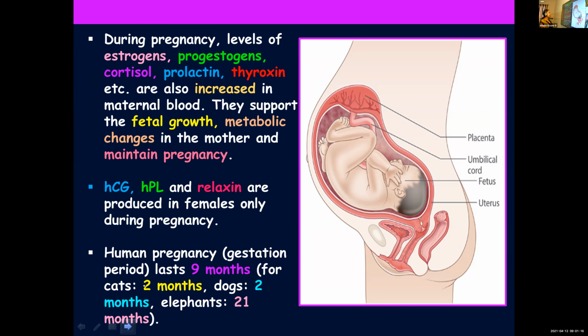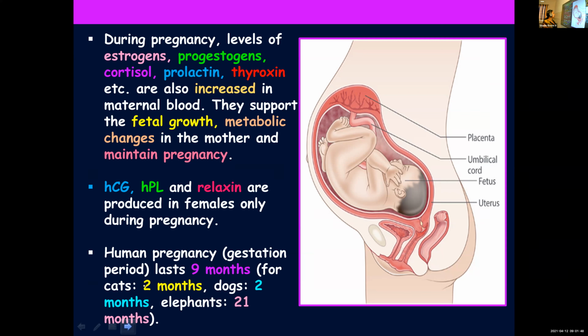So once again, during pregnancy, the levels of different hormones will get increased, like estrogen, progestogens, then cortisol, prolactin, thyroxine. The increased levels of these hormones are very important to support pregnancy, to adjust to the metabolic changes in the mother's body, and to support the growth of the fetus.